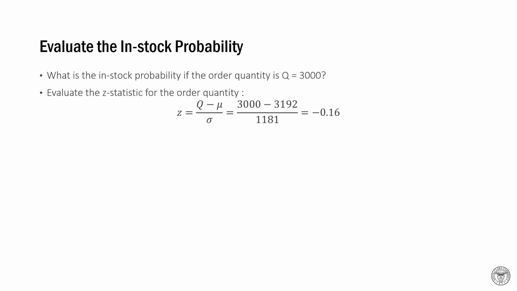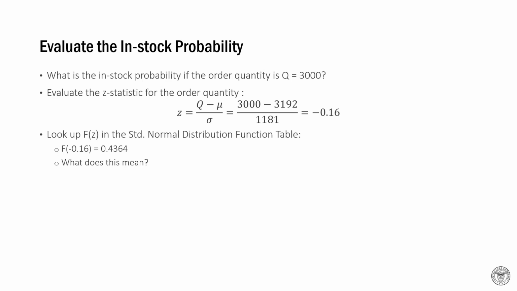In this case, the Z statistic for Q equals 3,000 is negative 0.16, which we can then look up in the table. Upon doing so, we find that F of negative 0.16 equals 0.4364.